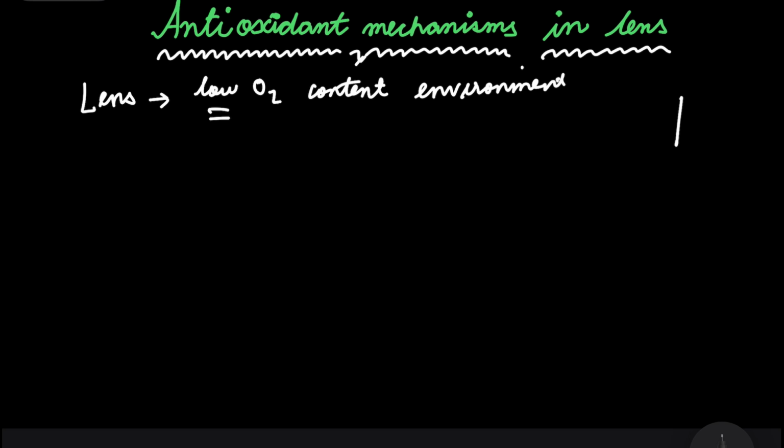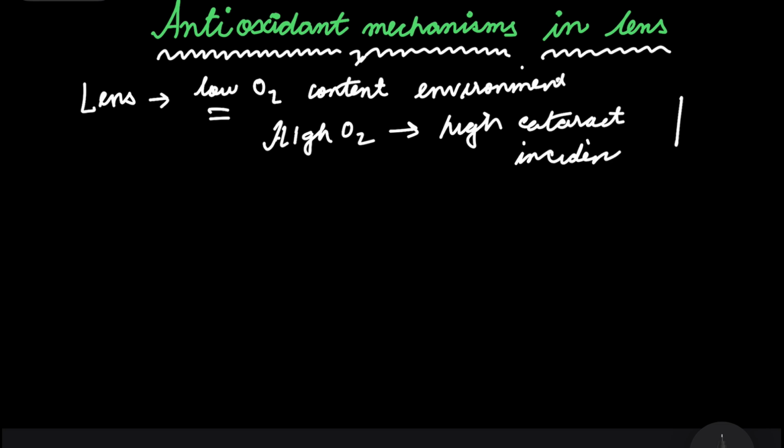Why is that? It has been found that if for some reason there is high oxygen content in the lens, it is actually linked to high cataract incidence. Now, what exactly is cataract?